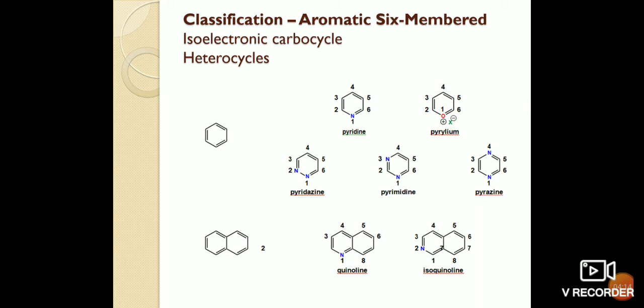Quinoline is a fused system, 6-membered. Both rings are 6-membered with nitrogen at position 1. And the other is isoquinoline with nitrogen at position 2. These are fused systems, aromatic 6-membered heterocyclic compounds.